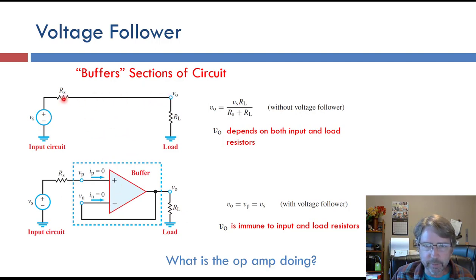Here we have two resistors in series, so the output voltage depends on the load resistor and the series resistor. But if we put the buffer in between, then the output voltage is always the input voltage. So the voltage follower is very simple to analyze and surprisingly useful.